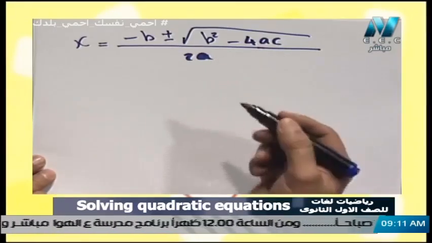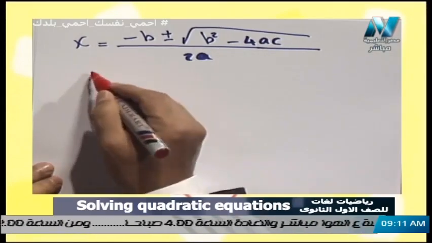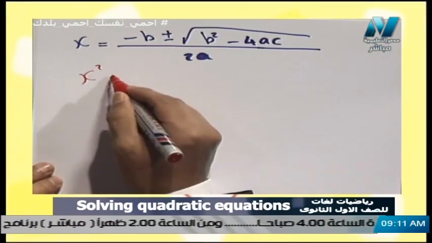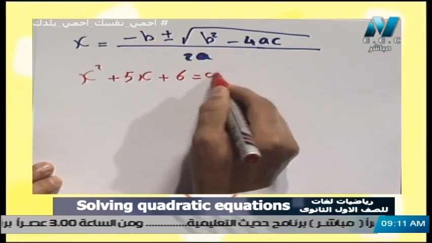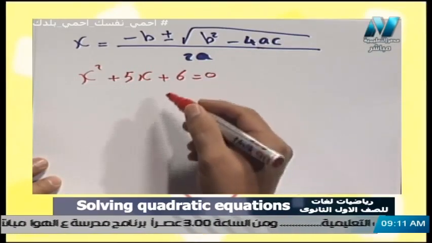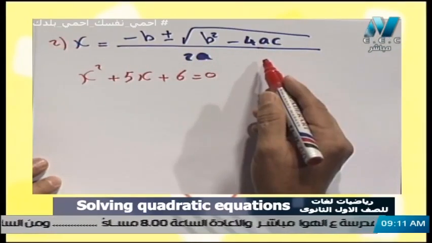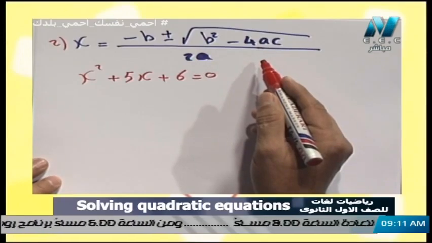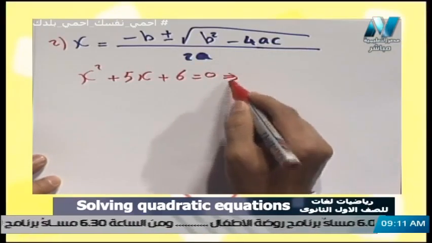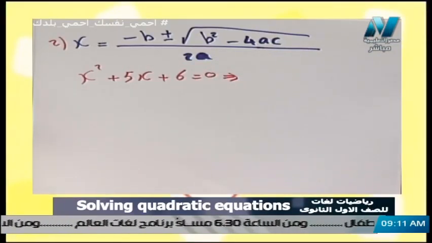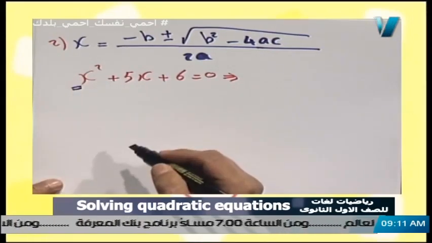What are a, b, and c? We will write the equation again. The equation is x power 2 plus 5x plus 6 equals 0, and we intend to solve it by the second method, the general formula. Here a is the coefficient of x power 2.